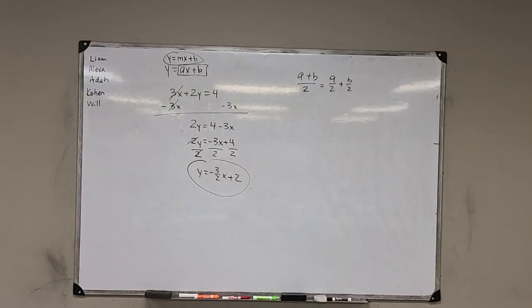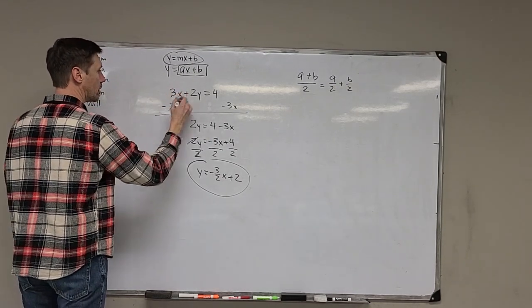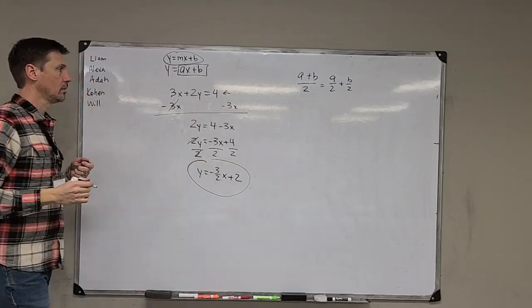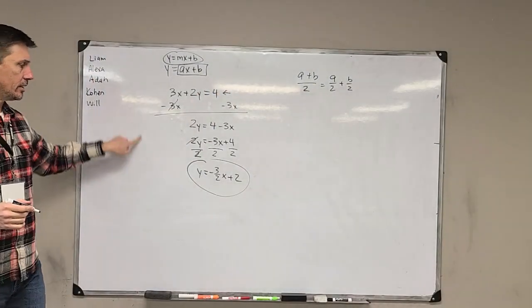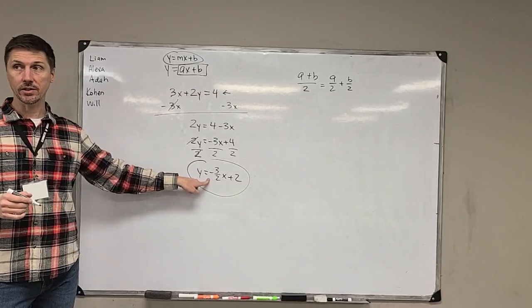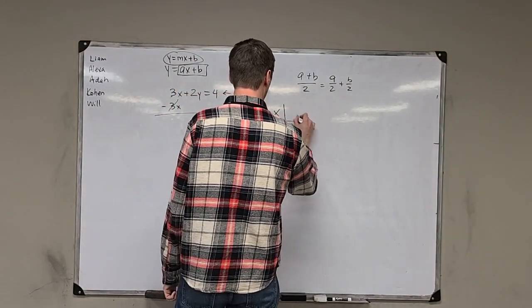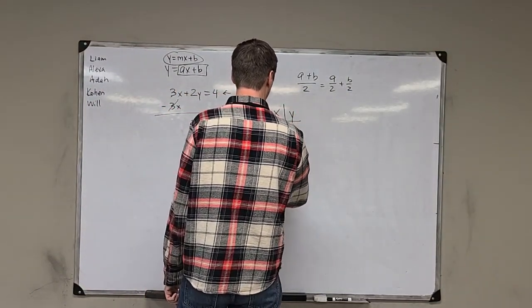All right? The goal to this problem was to graph our original equation, which was this guy. That's what we wanted to do to start with. They said graph this. So our first step is to manipulate it, solve for y, make it look like this. And now we're doing the exact same thing we did on the test to graph it. How do I graph this? I want to pick, like I said, I would recommend 3 points.